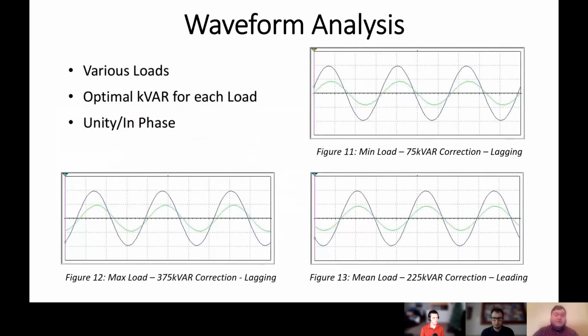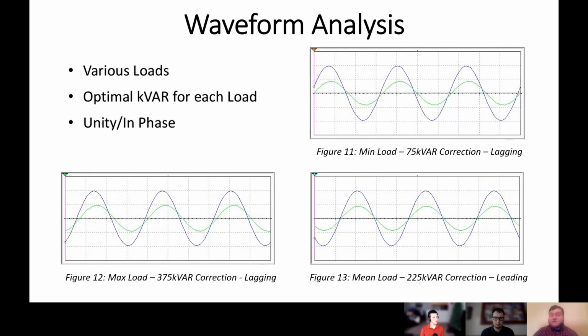Waveform analysis. Right here we have various loads. For simplicity's sake, I showed the best 3 for each load. As you can tell from the last table, for our min load, the best power factor was kVAR correction, and it was lagging here. Right here in figure 12 was the max load, 375 kVAR correction. That is also lagging.